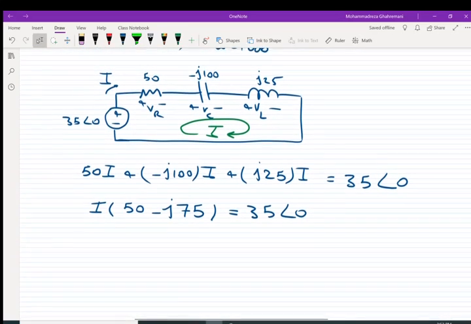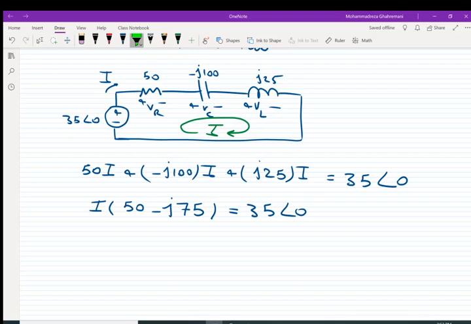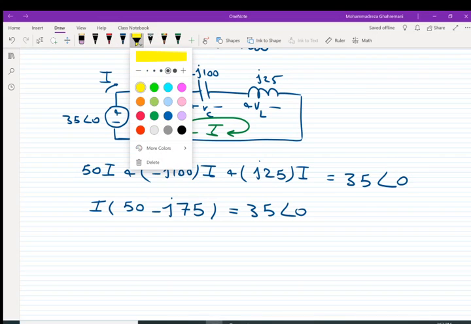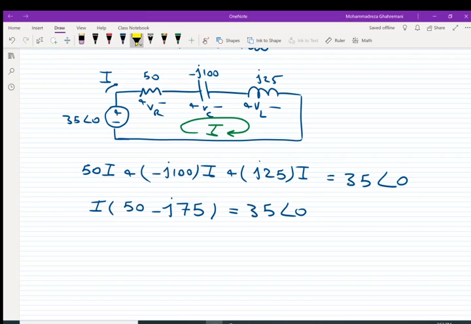Here, let me show you something. Let me change my highlighter color. So you see, this one is Z equivalent. And if we look, we see that it's a complex number. The real part of this complex number is the resistance, and the imaginary part, which is negative 75, is a combination of these two. Depending on which one is greater, the sign of this number will be determined.